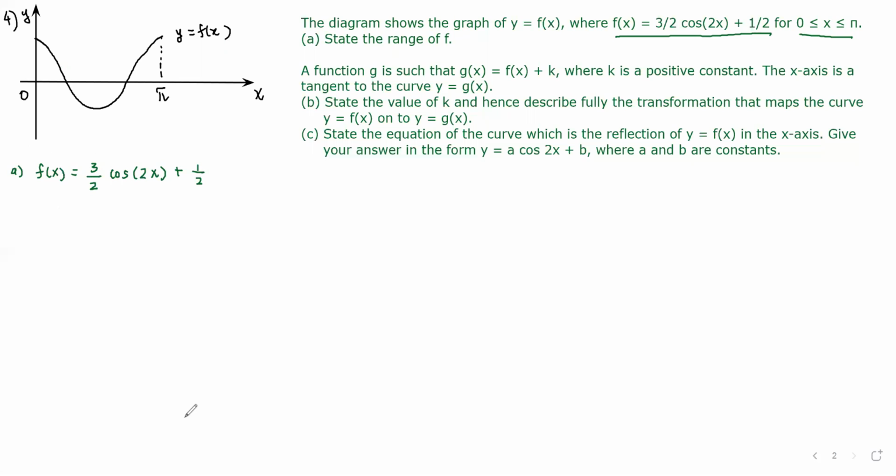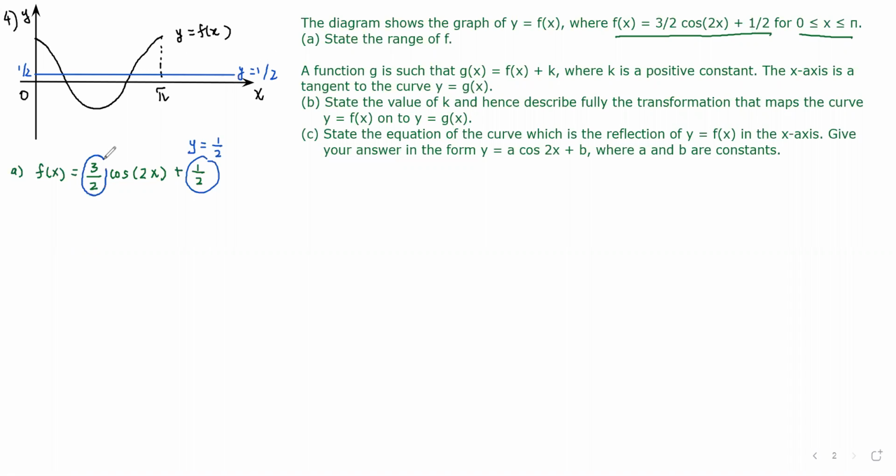That 1/2 actually gives you the sinusoidal axis. So you have y equals 1/2 here, which gives you the sinusoidal axis. Now this line y equals 1/2 divides the graph vertically into two equal parts.